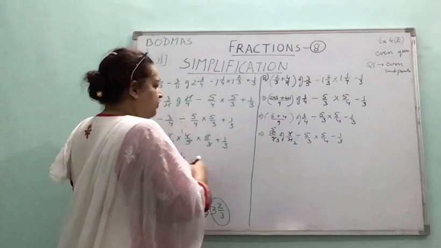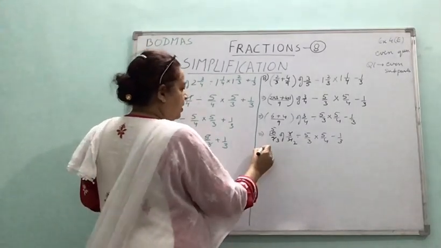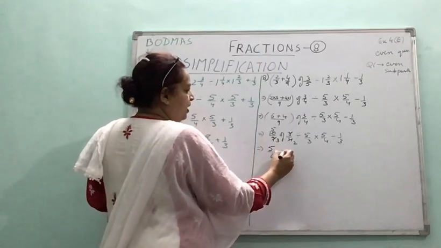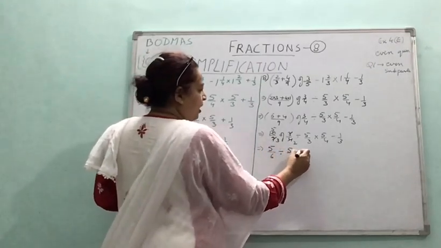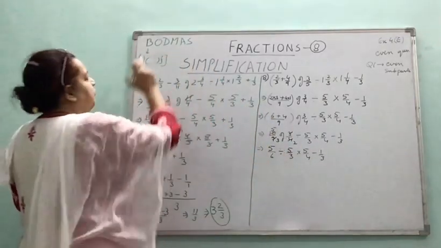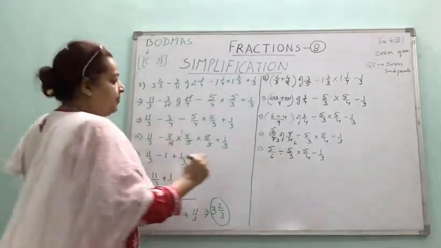So what is remaining now? 5 by 3 into 2, 6 divided by 5 by 3 into 5 by 4 minus 1 by 3. All done. Now the division.